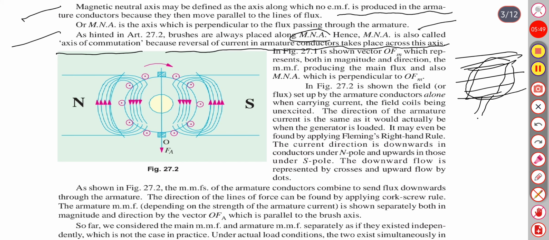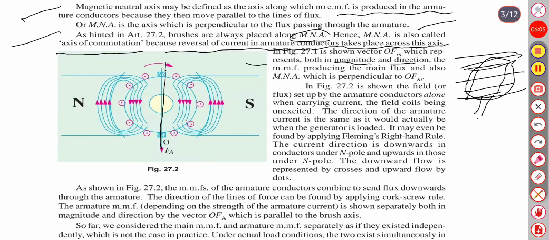OFM is shown like this, which represents both in magnitude and direction the MMF producing the main flux, and also MNA, which is perpendicular to OFM. So this is MNA, which is perpendicular to OFM.